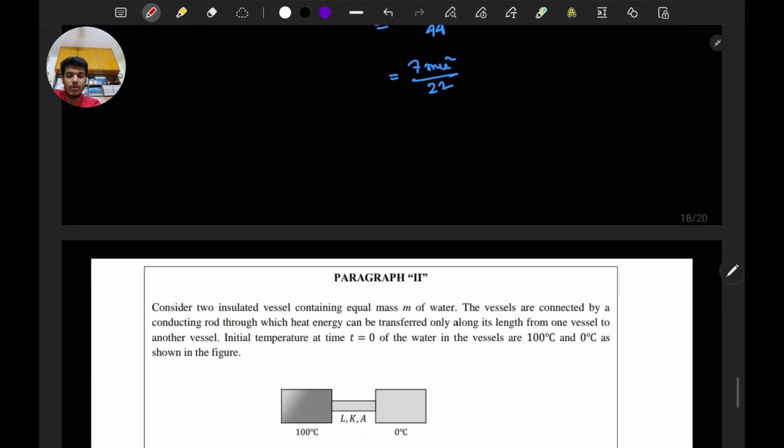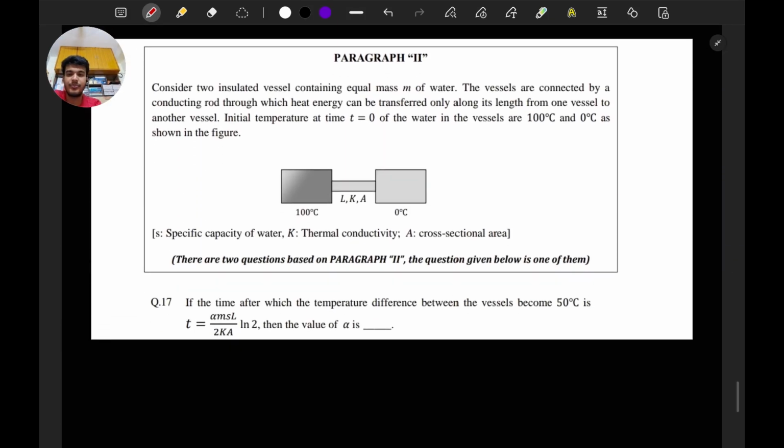Okay, so let's move on to the last paragraph type question. So this paragraph says, consider two insulated vessels containing equal mass m of water. The vessels are connected by a conducting rod through which heat energy can be transferred only along its length from one vessel to another. Initial temperatures at time t equal to 0 of the water in the vessels are 100 degree and 0 degree.